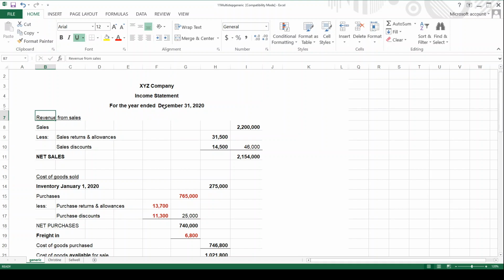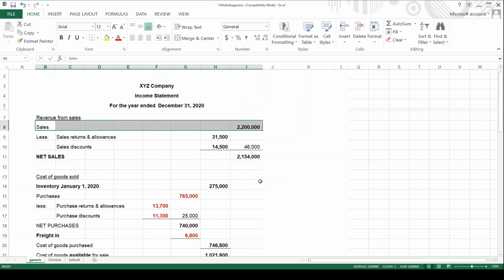These are our new friends. Now this company, XYZ, used the periodic inventory system. So let's just keep that in mind as we go to the second section. So this is our revenue account, $2.2 million in sales. And then maybe we shipped some pink wing nuts and they were supposed to be blue. So we had a bunch of sales returns.